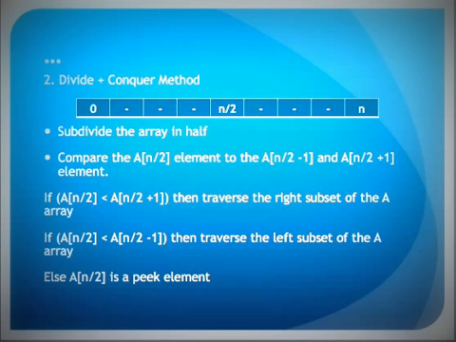Because even if the next element is less than n over 2, then we know that the right element to n over 2 is a peak by definition. And we also know that there are no boundary issues, because the element directly to the right of n over 2 is greater. And so that solidifies our argument. Now, if the half element is greater than both of them, then hooray, quick and easy, we can return that value.